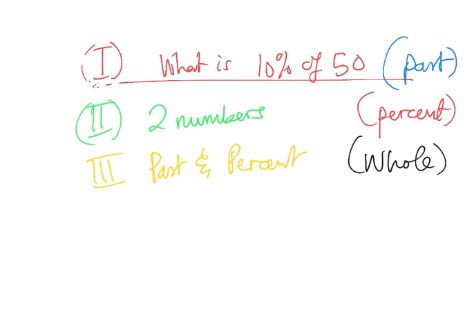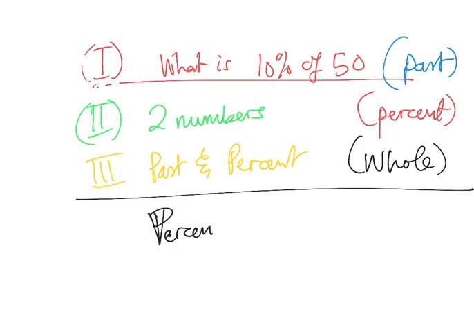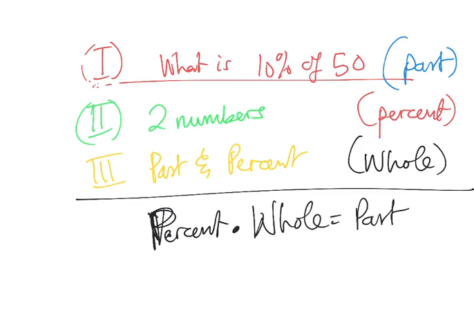So the 3 categories, again, we have a percent. Percent times the whole will equal the part. We're using a dot to represent multiplication, but we can write it out like that, okay?